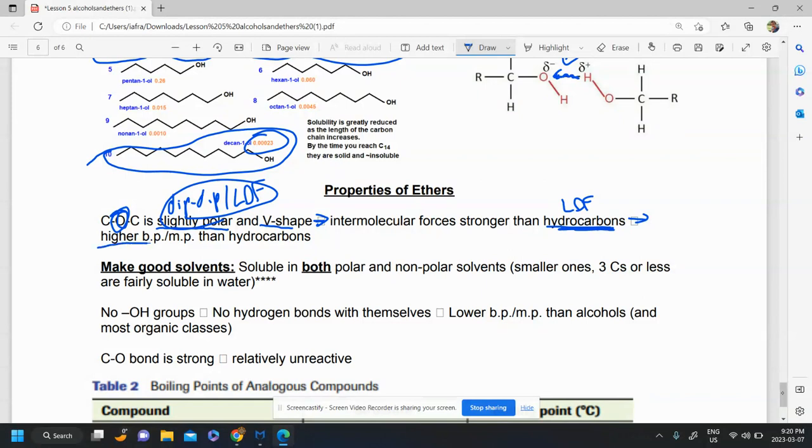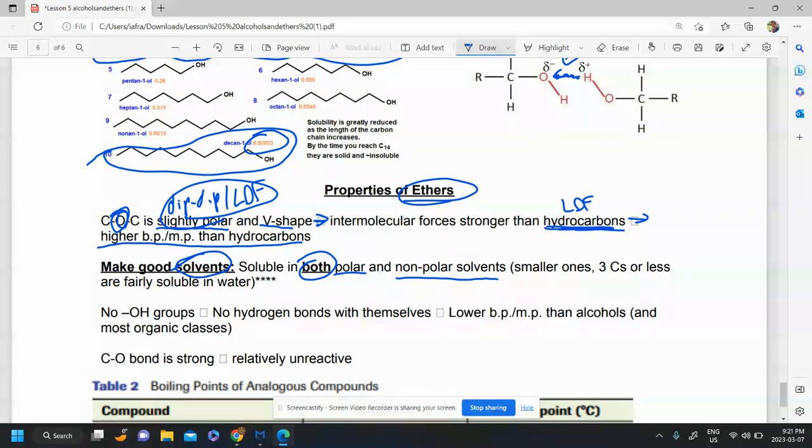As a result, they have higher boiling points than hydrocarbons, but they are still lower in boiling point than things like alcohols because they don't have the OH group. So they're not superpowers in terms of boiling point, but they do have it higher than hydrocarbons. Generally, ethers actually make really good solvents, and that's because they are soluble in both polar and nonpolar solvents.